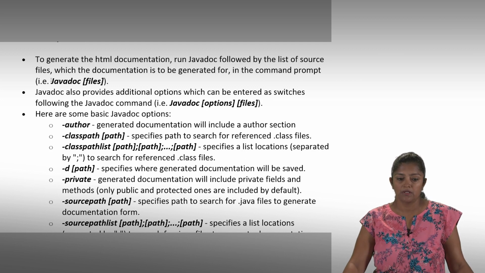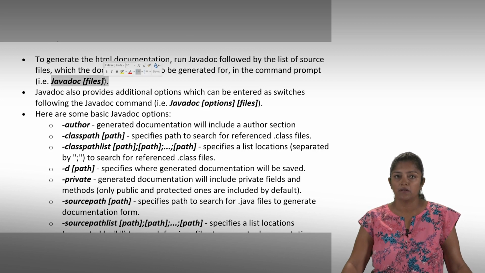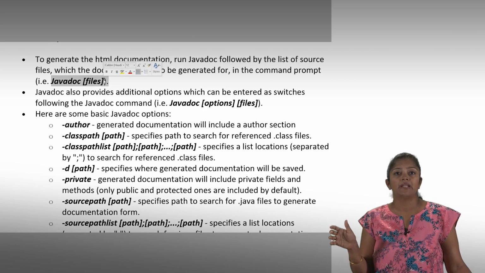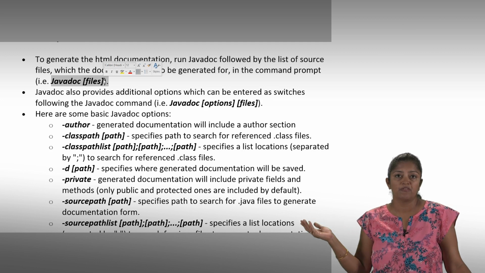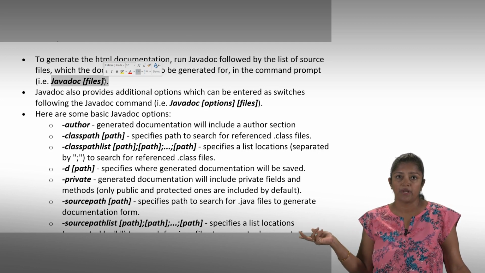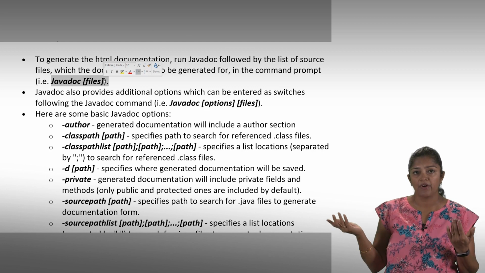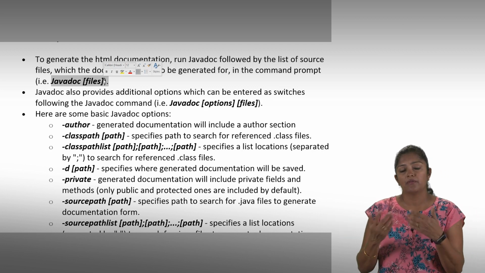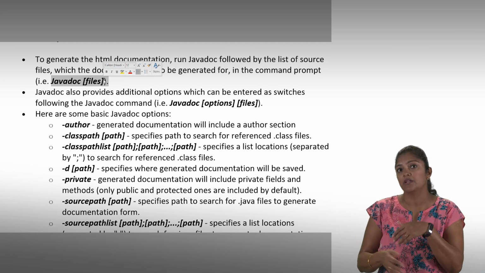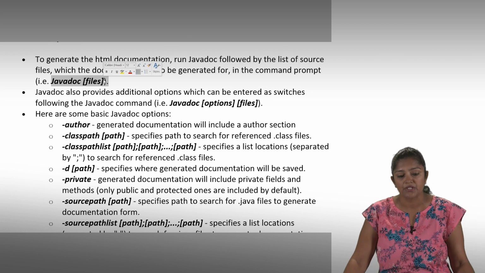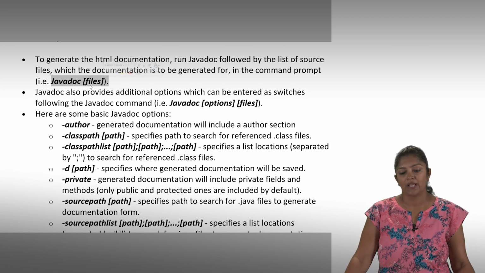The simplest form would be to say Javadoc, then a space, and provide the source file names. You can have multiple file names, just space separated, all of your .java files where there are Javadoc comments that you want compiled into HTML files. You would provide that list.